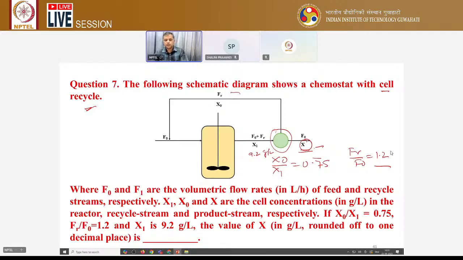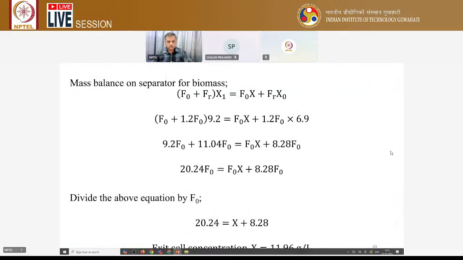It's very straightforward because if X1 is given, we can quickly find the value of X0. And then by doing the simple material balance, we can get the value of X. So it says (F0 plus FR) into X1 equals F0 into X plus FR into X0.